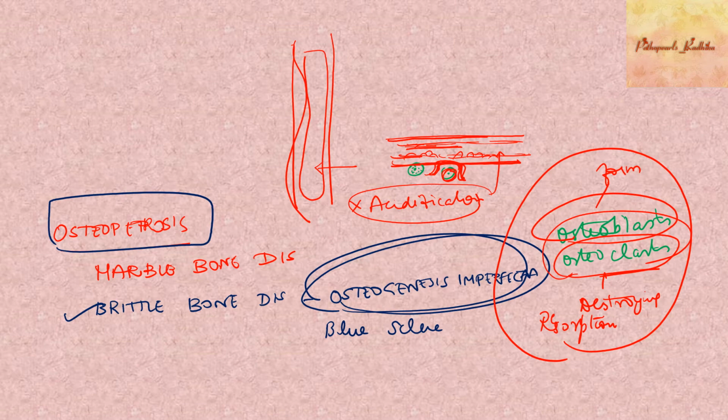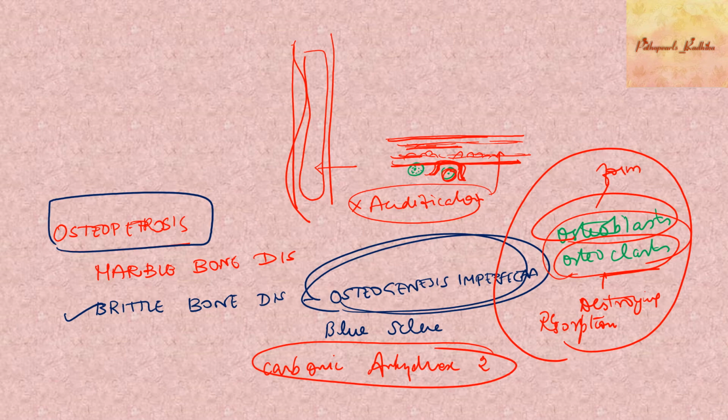So when you come to acidification of the resorption pit, you have so many channels involved, your chloride channels, and so many enzymes involved in acidification. So one such enzyme is carbonic anhydrase 2. Okay, so if you have any abnormality in acidification of the pit, you can have osteopetrosis, and that's why your medullary cavity doesn't get formed.